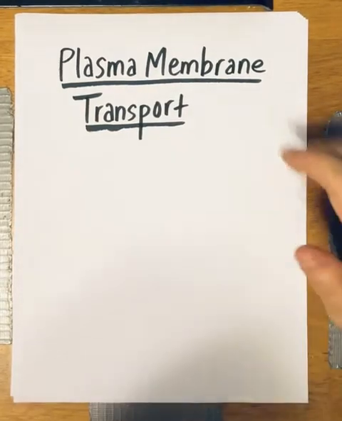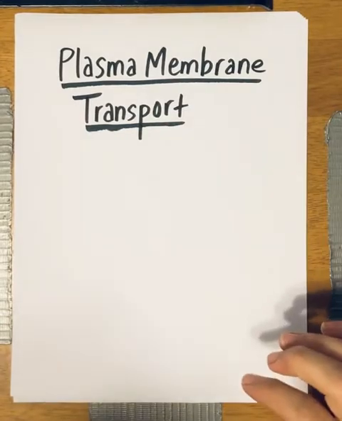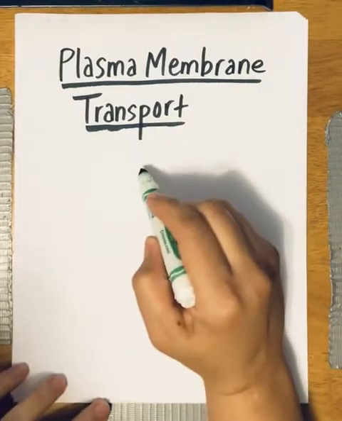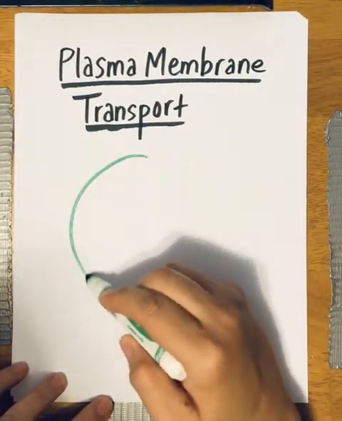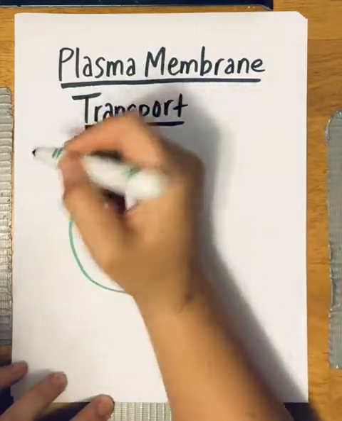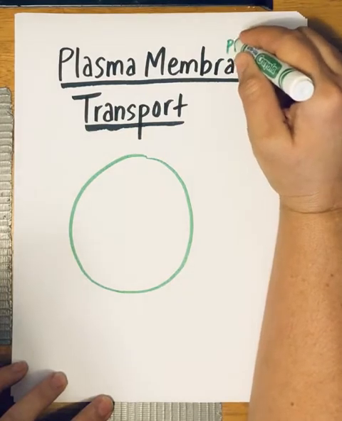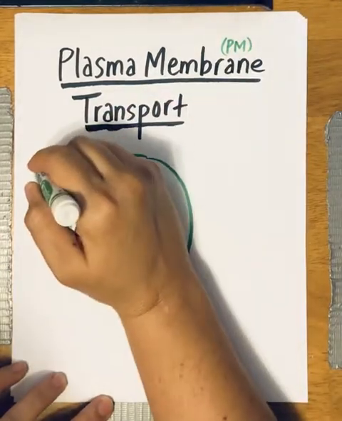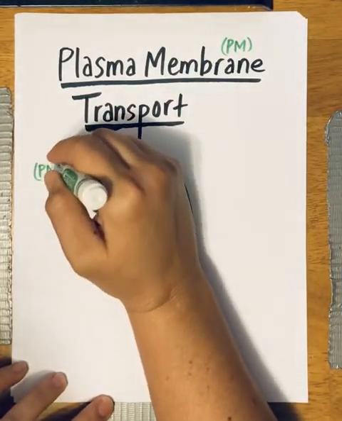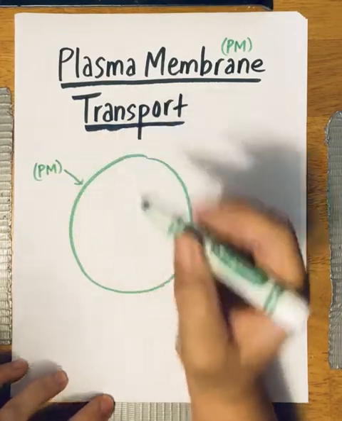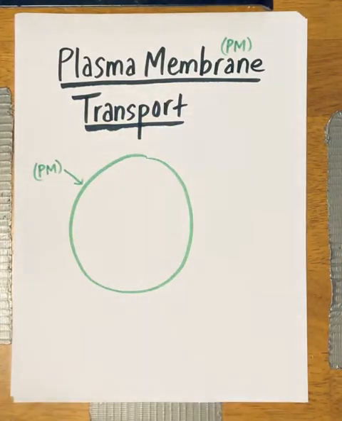Right, when we talk about the plasma membrane, we said that the plasma membrane is selectively permeable.